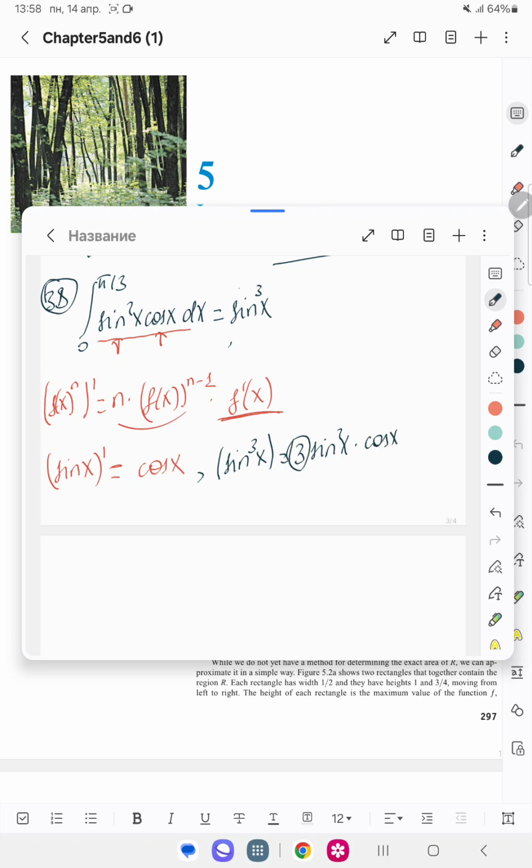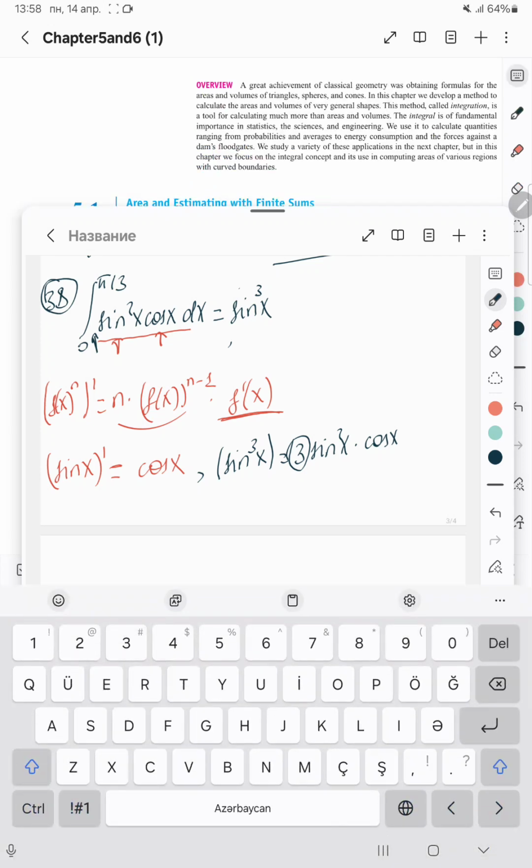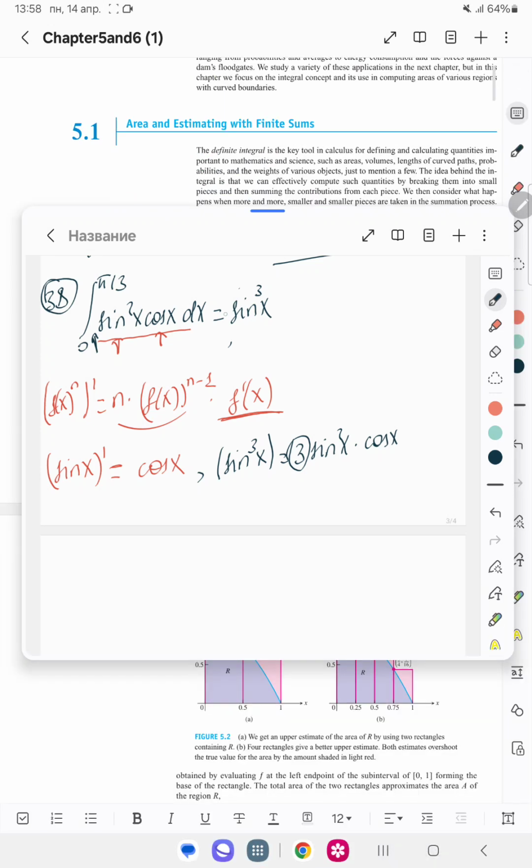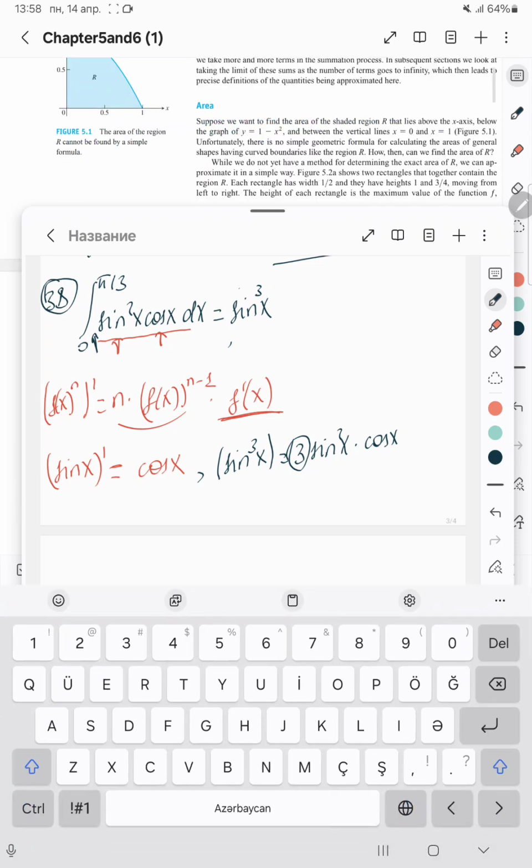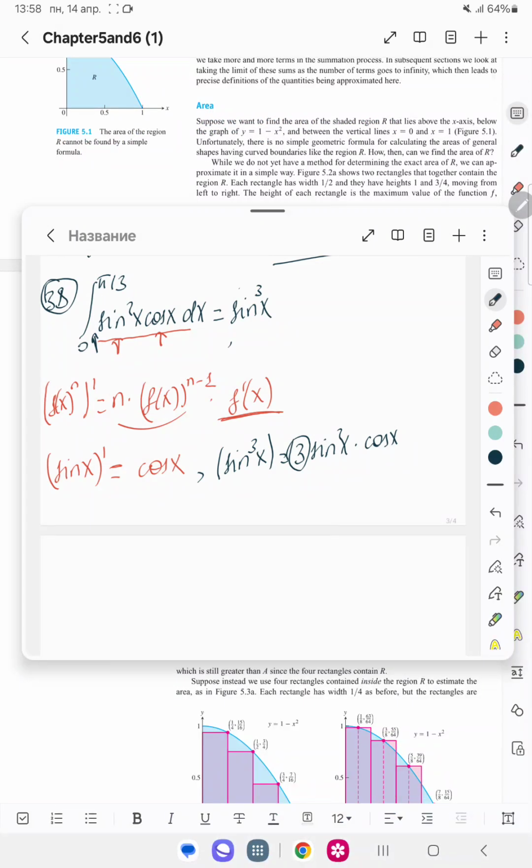But we have an additional 3 here, which we don't have in the integrand, meaning we have to write 1 over 3 next to sine cubed x. So 1 over 3, I will just put it as a constant, 1 over 3 sine cubed x from 0 to pi over 3.